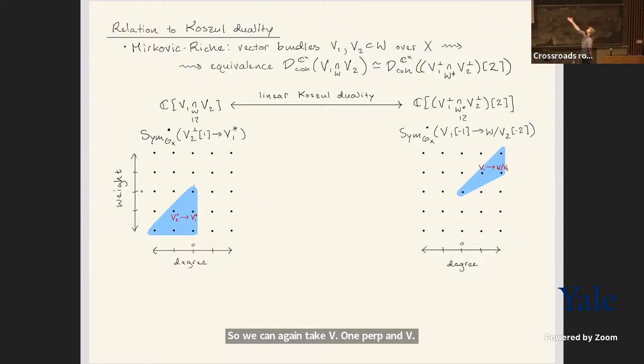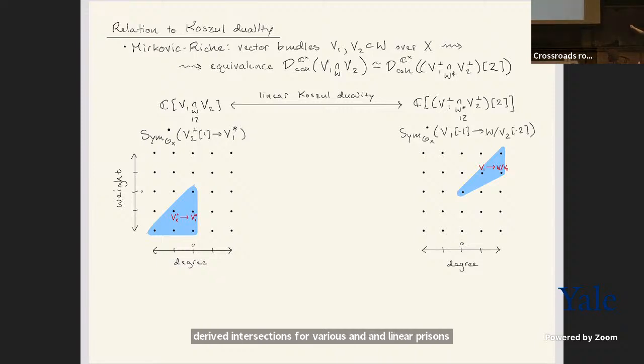Those are by definition subbundles of W dual. So I can look at the derived intersection of V1 perp and V2 perp in W dual. Linear causal duality is a duality between these two derived intersections and coherent sheaves on them. So there's a little bit of a quirk on the right-hand side, on the dual derived intersection. We actually want to shift everything by a cohomological degree of 2.